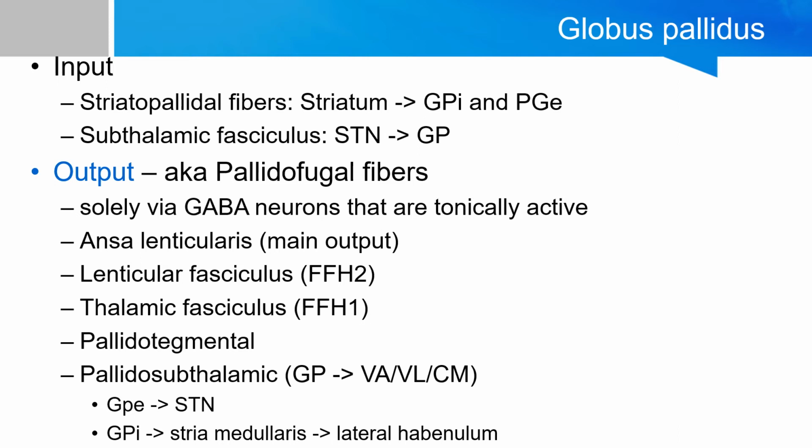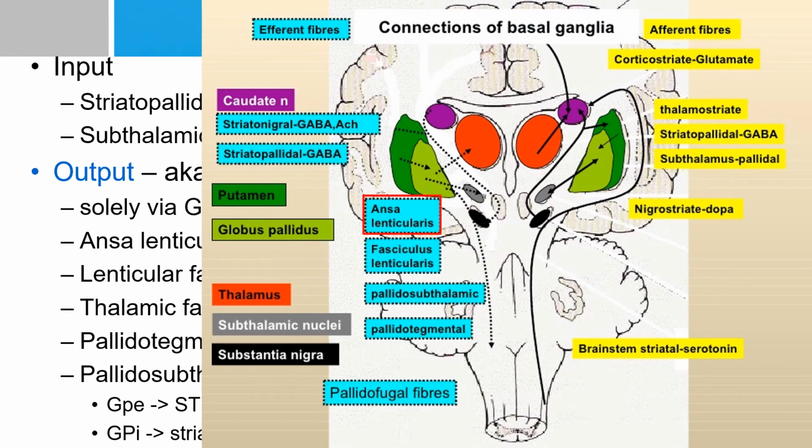And as we talked about in the last slide, the major output system of the globus pallidus are the Forel's field fibers: the Ansa lenticularis, the lenticular fasciculus, and the thalamic fasciculus.